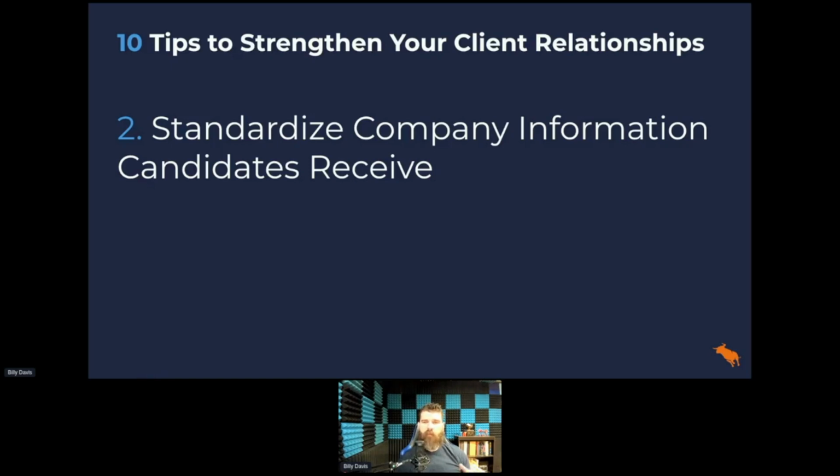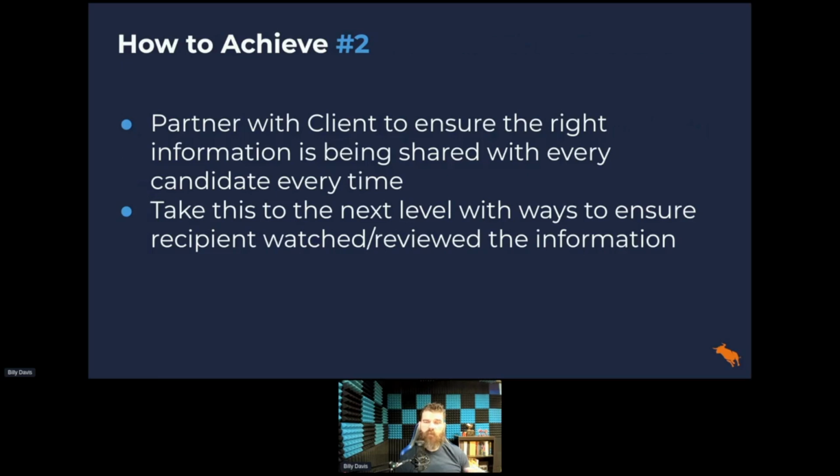So how you can put this into place is you can partner with a client to ensure, number one, that you have the right information, right? Because your recruiters, salespeople, and account managers need to know this type of information in order to make the best placements, the best matches with the company. So both sides have to own it and participate to grab that information.